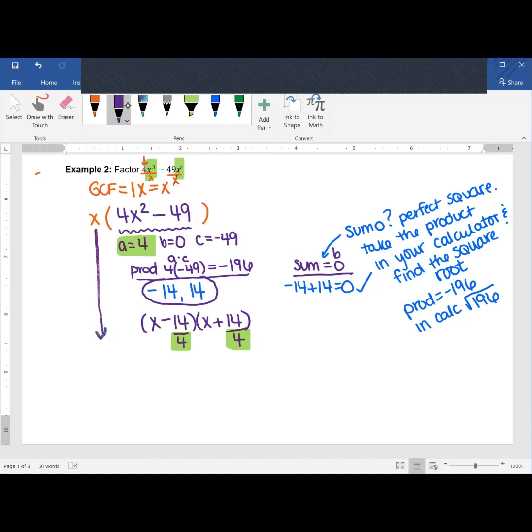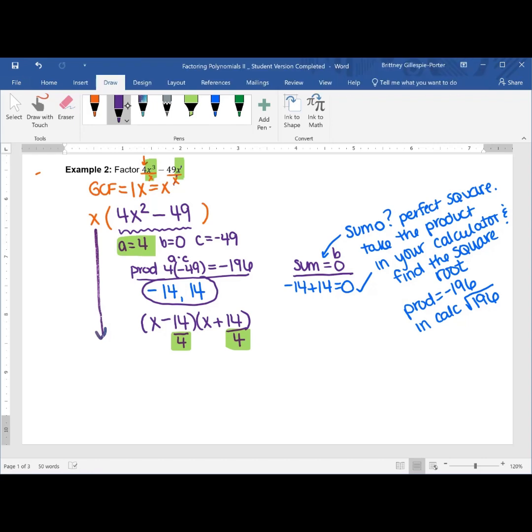And we need to simplify our answers. Use your calculator, 14 over 4, and then convert back to a fraction. You have to have it as a fraction, not as a decimal. You should get negative 7 over 2, and then x plus or positive 7 over 2.